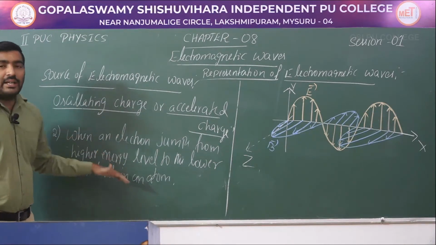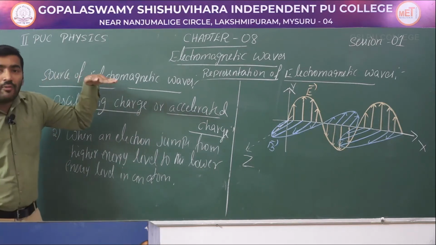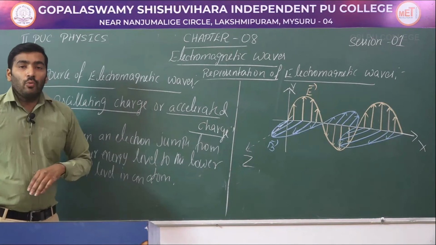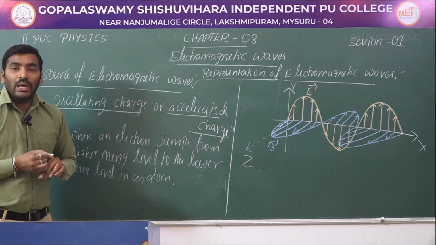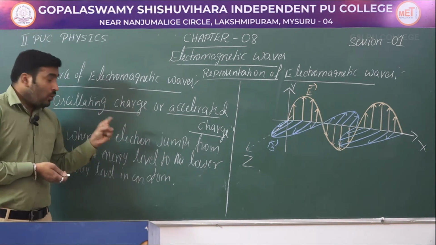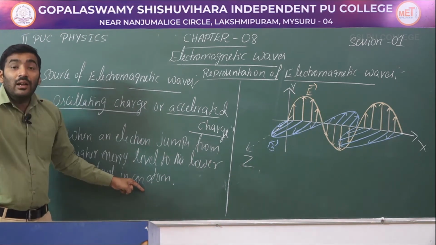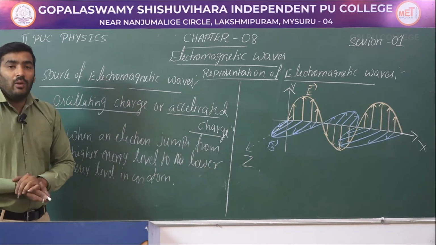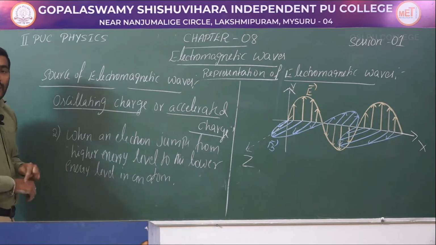So this is an accelerated charge. An electron jumping from a higher energy level to a lower energy level can emit the electromagnetic wave. See, light is also an electromagnetic wave. So when an electron jumps from higher energy level to the lower energy level, it can emit light energy, but light energy is also an electromagnetic wave. When an electron jumps from one energy level to another, it can emit the electromagnetic wave.